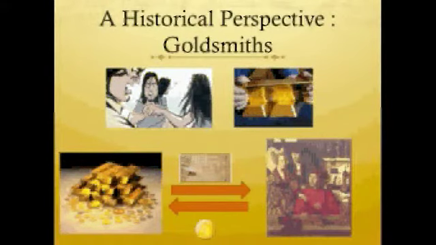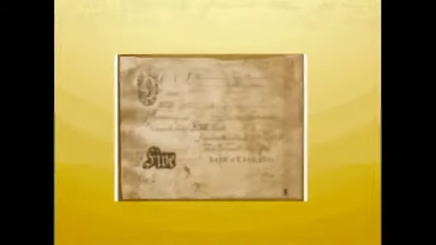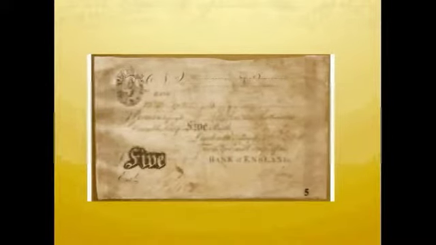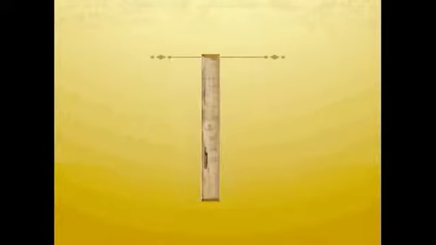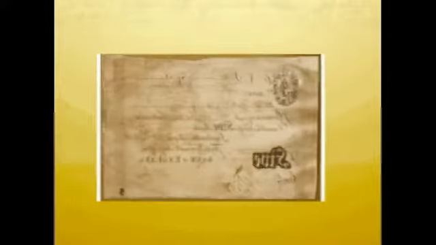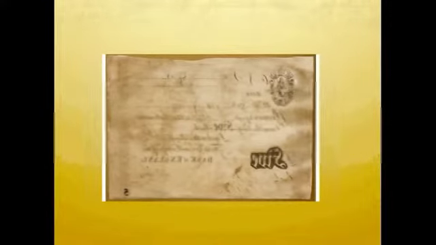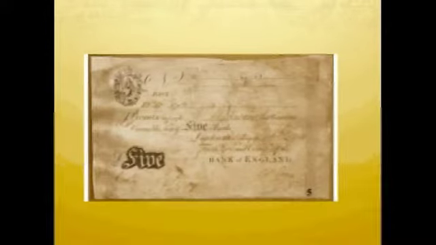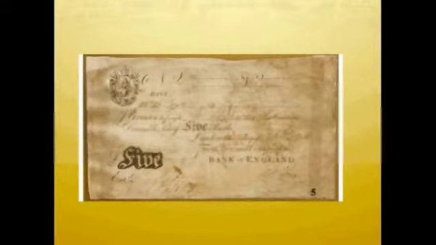On receiving the gold, a goldsmith would issue a receipt to the depositor, charging a small fee for looking after the gold. After a time, these receipts themselves, rather than the gold they represented, began to be traded for goods. The receipt became a form of paper money, making it unnecessary to go to the goldsmith to withdraw gold for a transaction.